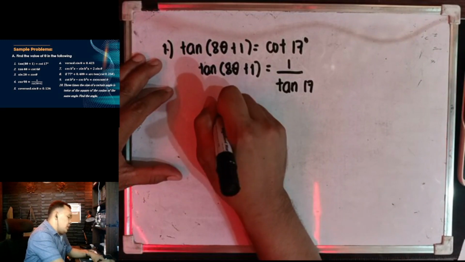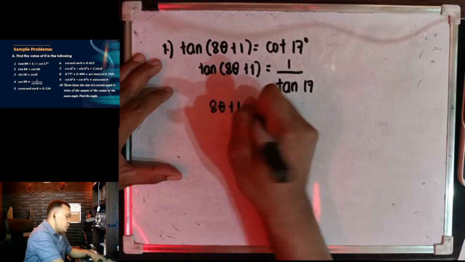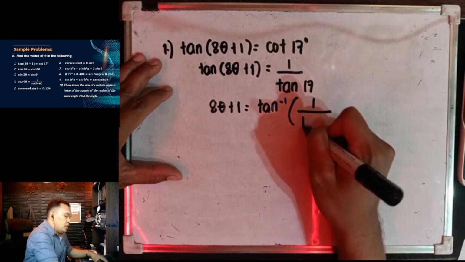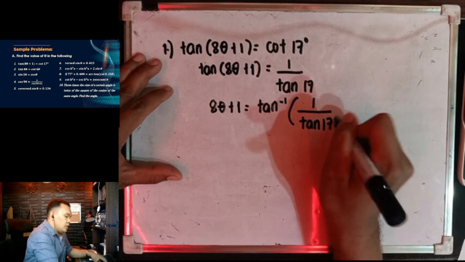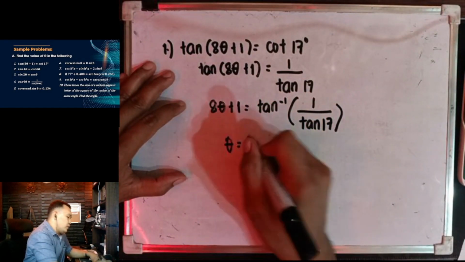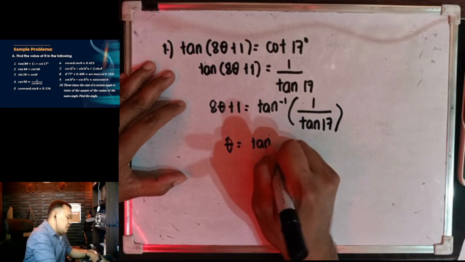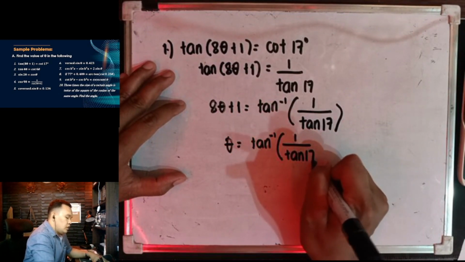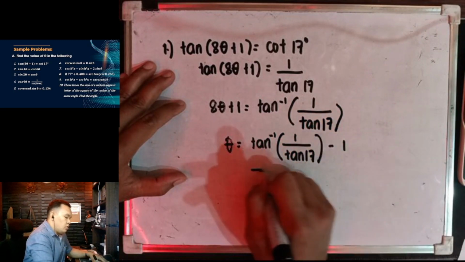So, we have here 8 theta plus 1 is equivalent kay arc tan 1 over tangent 17. Then, transpose, we have here theta is equivalent kay arc tan 1 all over tangent 17 minus 1 all over 8.